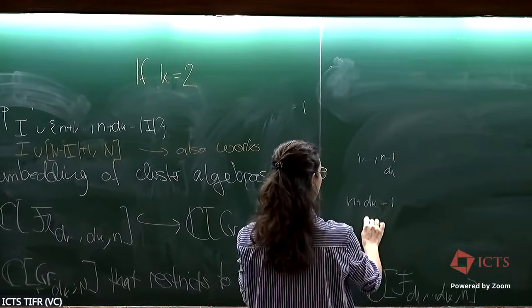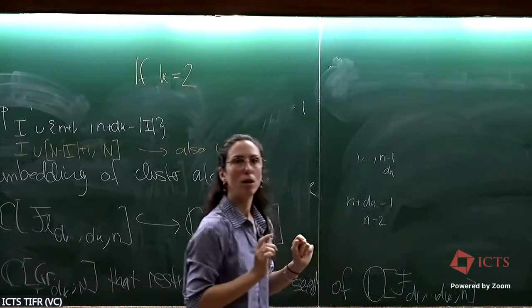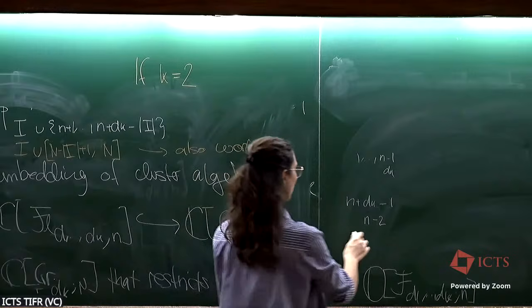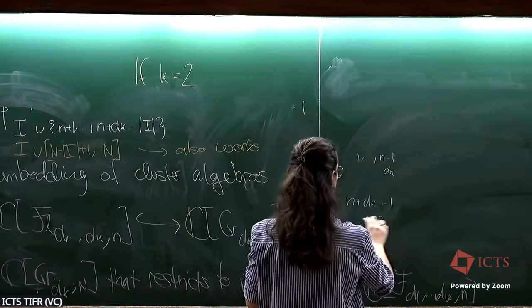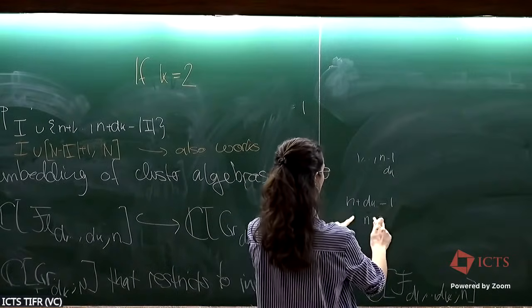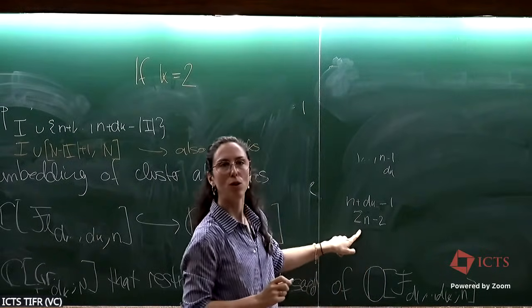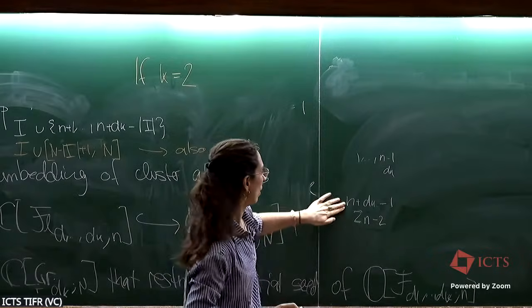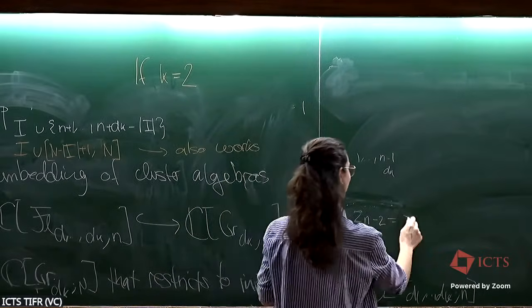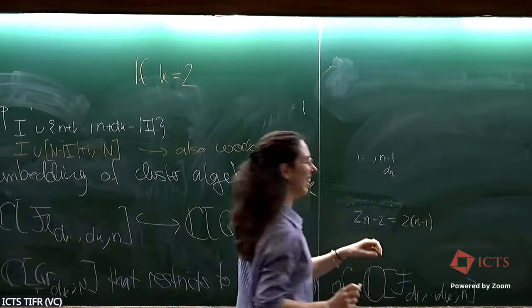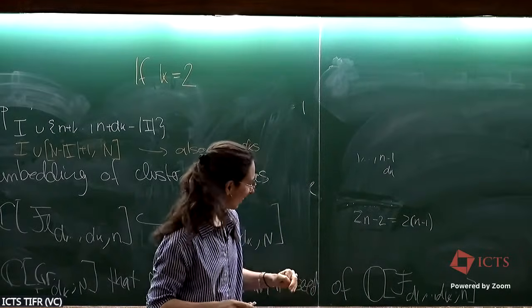So it's n minus 2. Two n minus 2. Yes, twice n minus 1. Yes, yes.